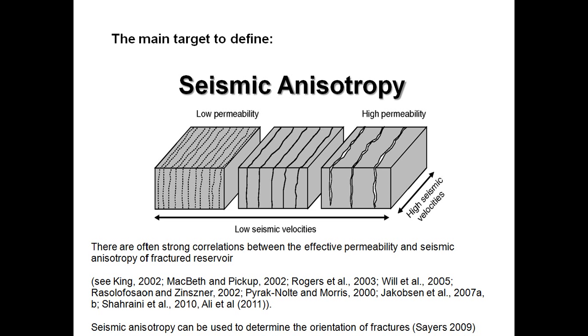Because of the dipping and tilting, it could contain TTI type of anisotropy, and possibly HTI if we have a variation within the coal bed layers, because they are very thin coal bed layers. They are below seismic resolution.